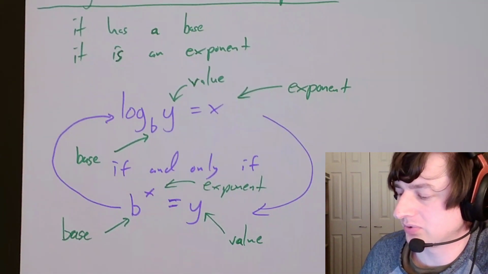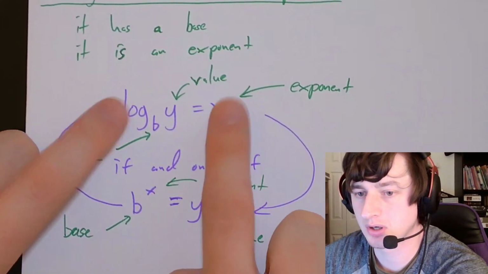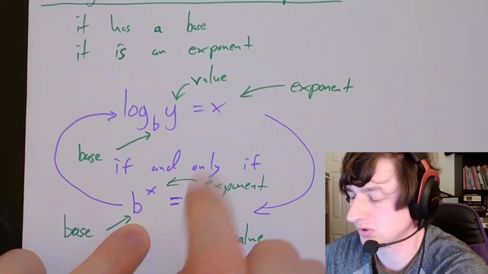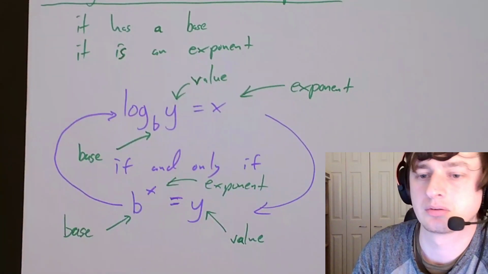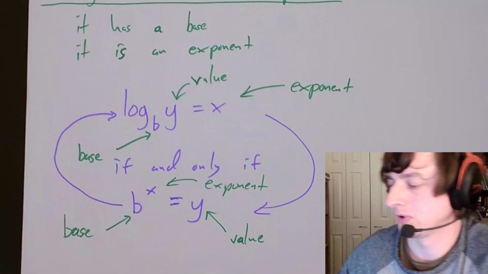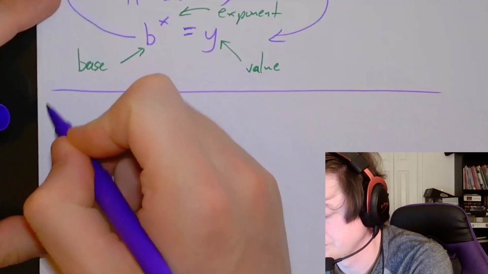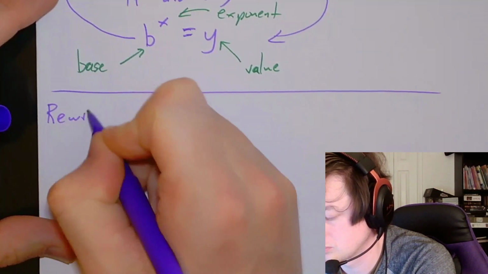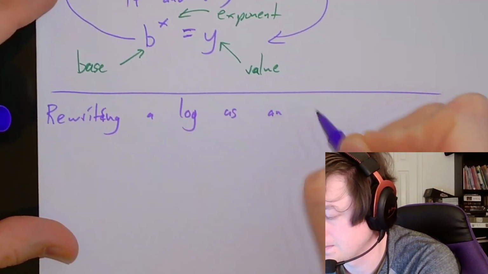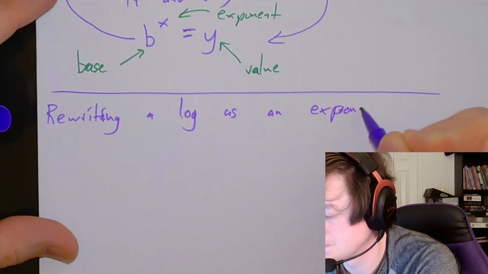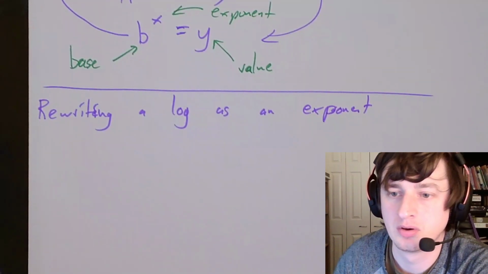All right. So let's practice going between these two forms, mostly going from the log to the exponent, because we want to be able to evaluate this. If we know these two numbers, we want to be able to evaluate it. Okay, so we're going to rewrite the logarithm as an exponential function.